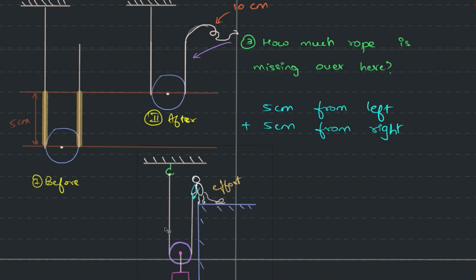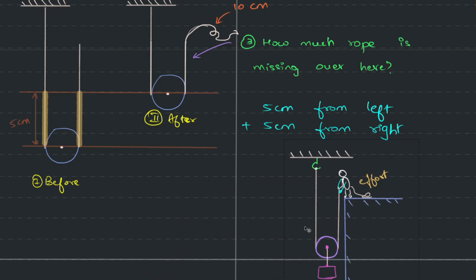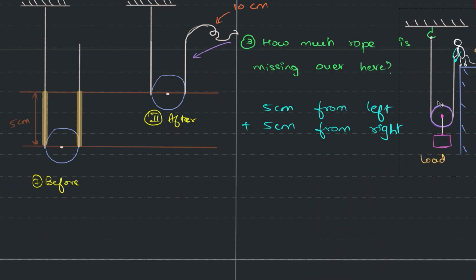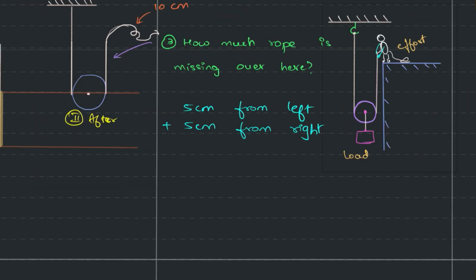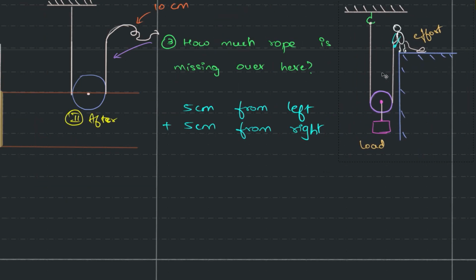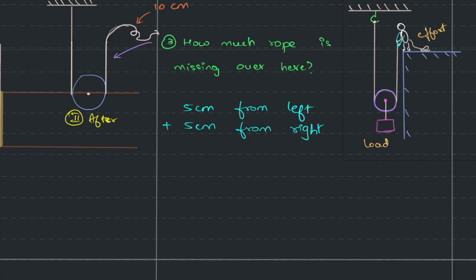Only if I had some more space. I can, but it'll be a bit congested. Okay, guys, I'll shift it. Yeah, still it's there. So my question is, if I pull a rope of 10 centimeter over here, how much will this move?